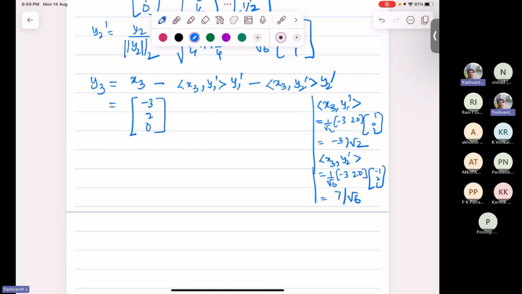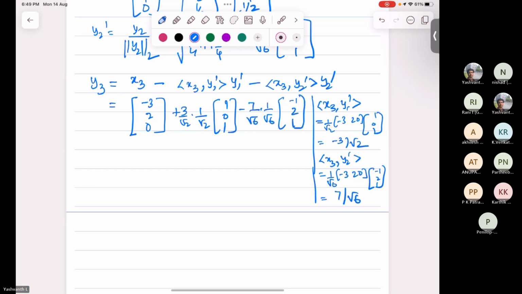Okay, so substituting these two values, minus 7 by root 6 into 1 by root 6 of (-1, 2, 1).